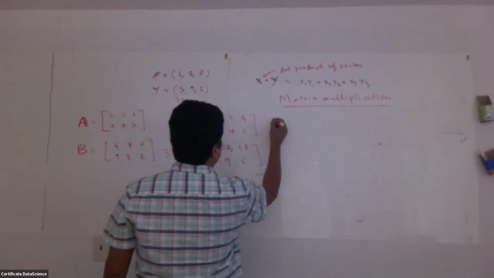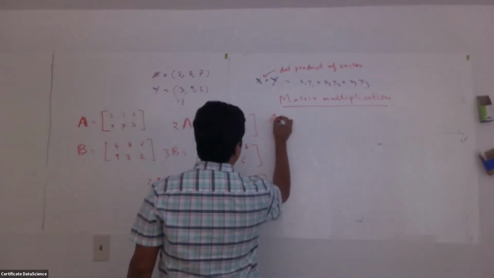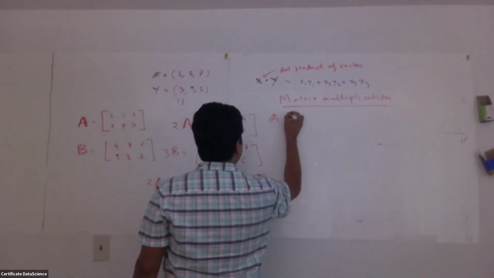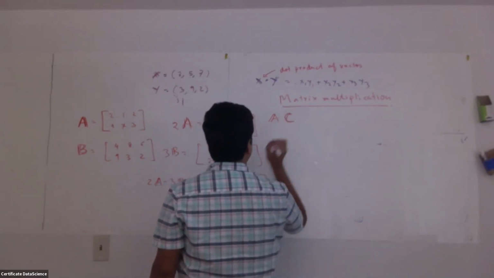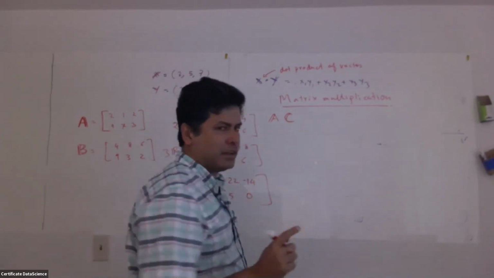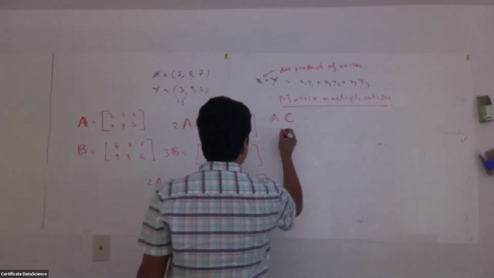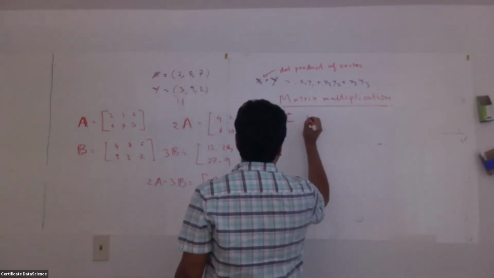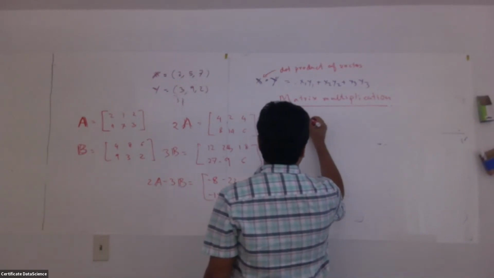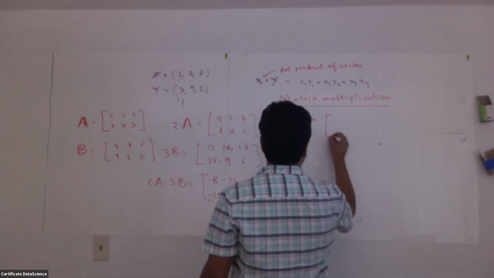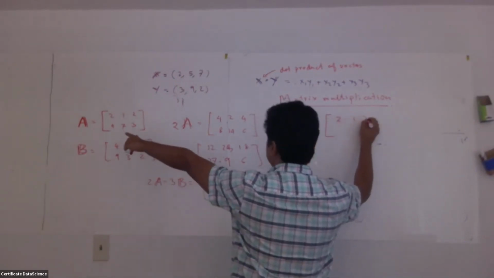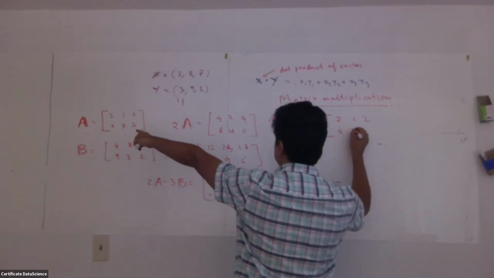So you can multiply two matrices, A times C, just give a name. There has to be one interesting property, and I'll tell you why it is required. So let's rewrite A here: 2, 1, 2, 4, 7, 3.